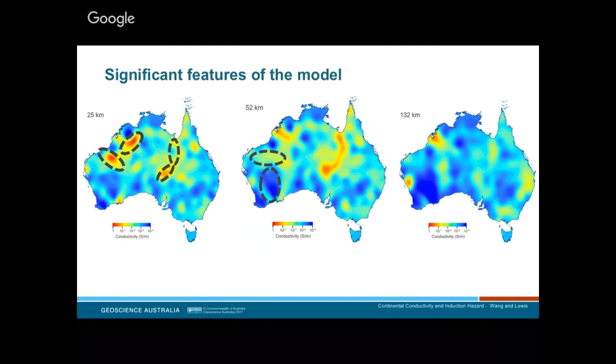This figure highlights there's a significant electrical conductivity contrast in the Arctic craton in Western Australia. And the third figure shows that there's a conductive region at about 325 kilometers, in the mantle depth.